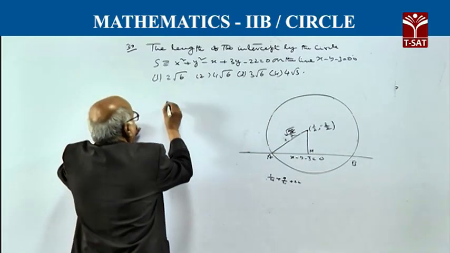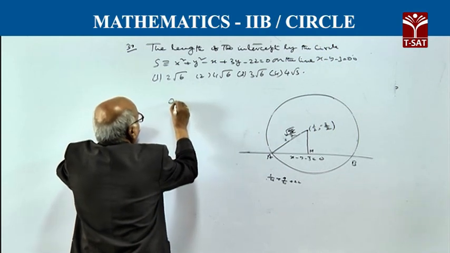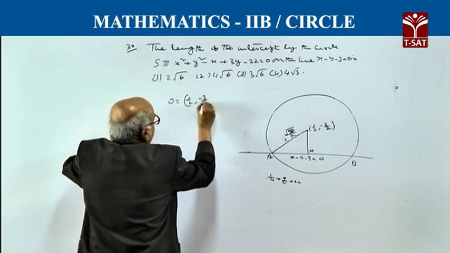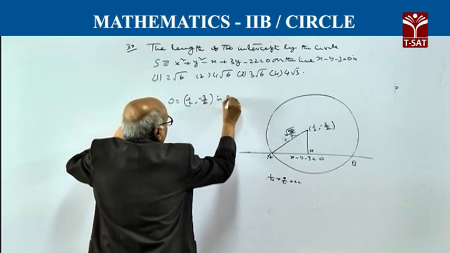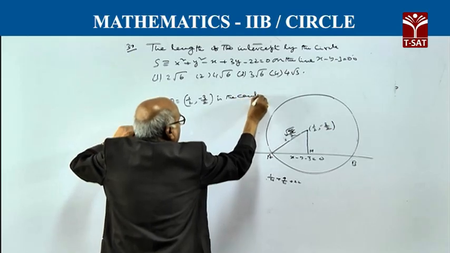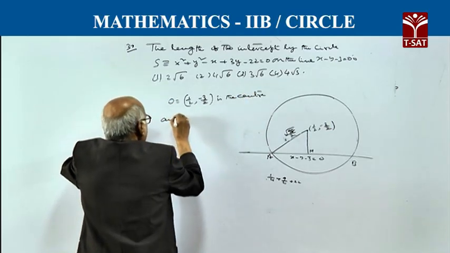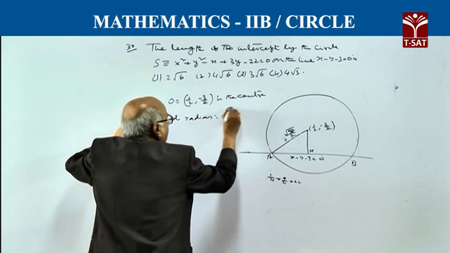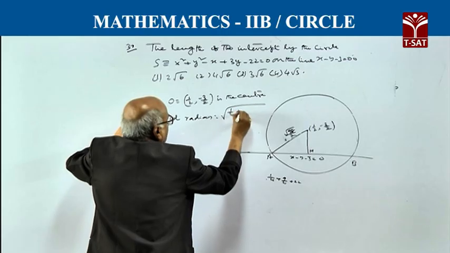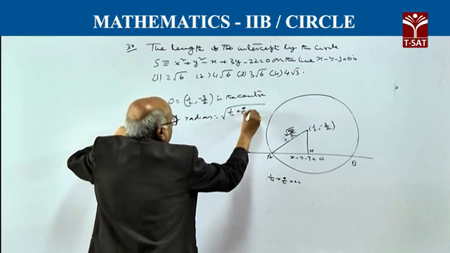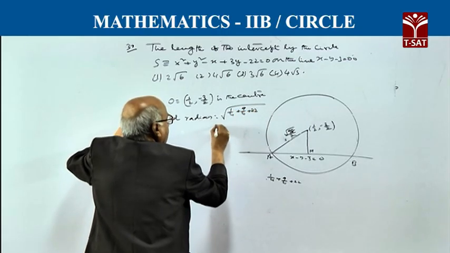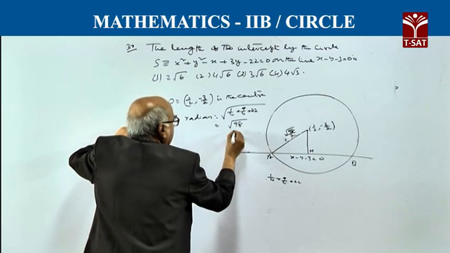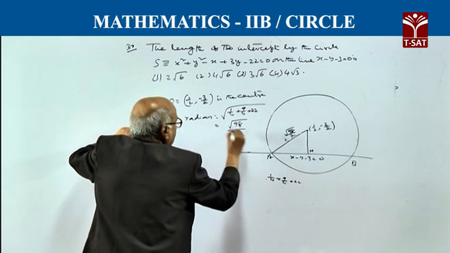Now you know that center O is half comma minus 3 by 2, and radius is square root of 1 by 4 plus 9 by 4 plus 22, which is equal to root 98 by 2.